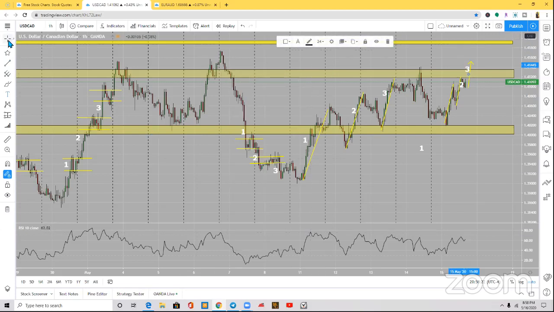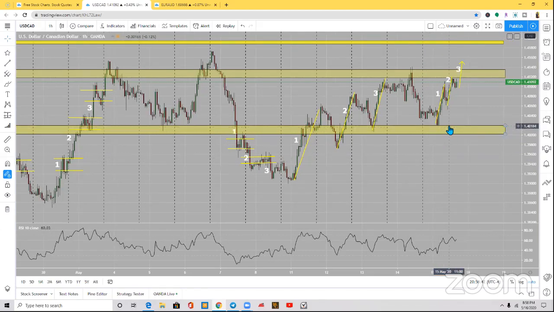So for this upcoming week for USDCAD, we are looking for buys. Until further notice, I see buys. There's no reason to be looking for sells. When the market closed on Friday, we already had 2 pushes up.